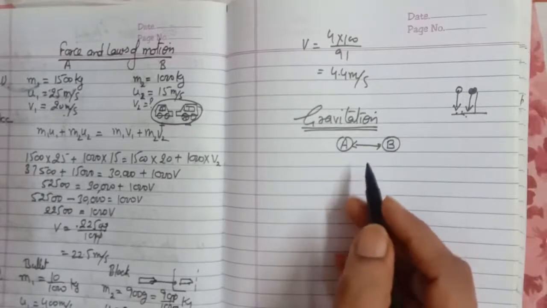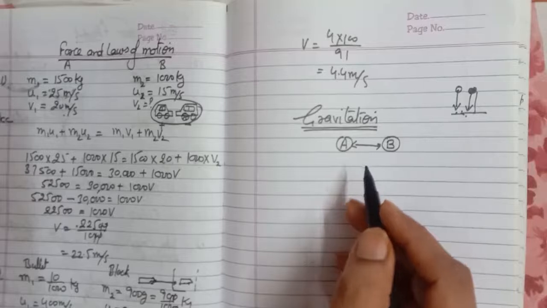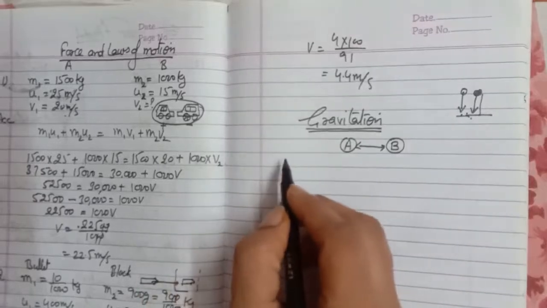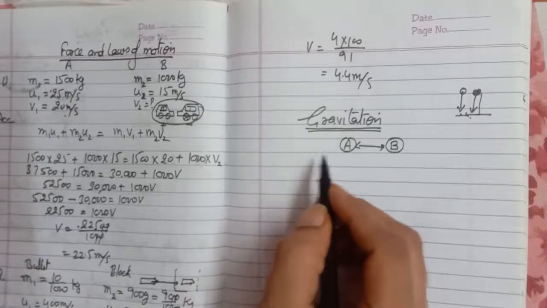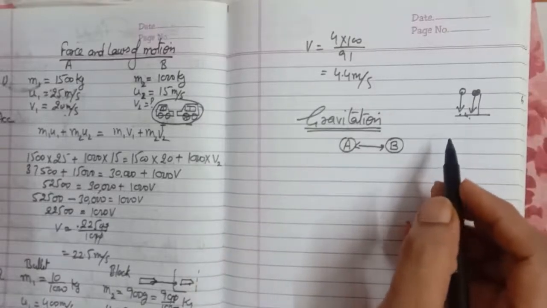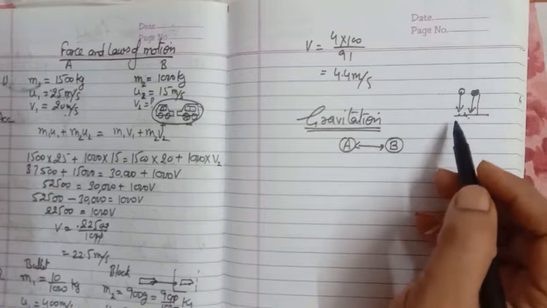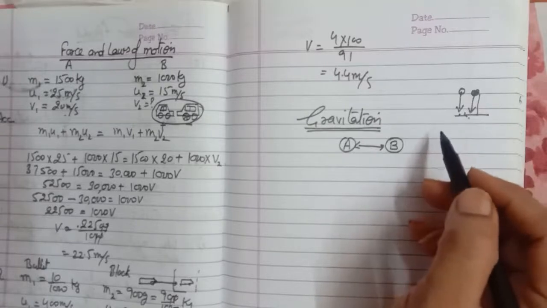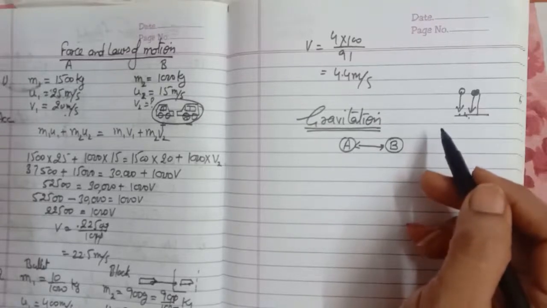So we can write the definition of gravitational force like this. Okay, I'm going to write the definition here. According to Newton, the first scientist who explained gravity, this is also called Newton's gravitational force.